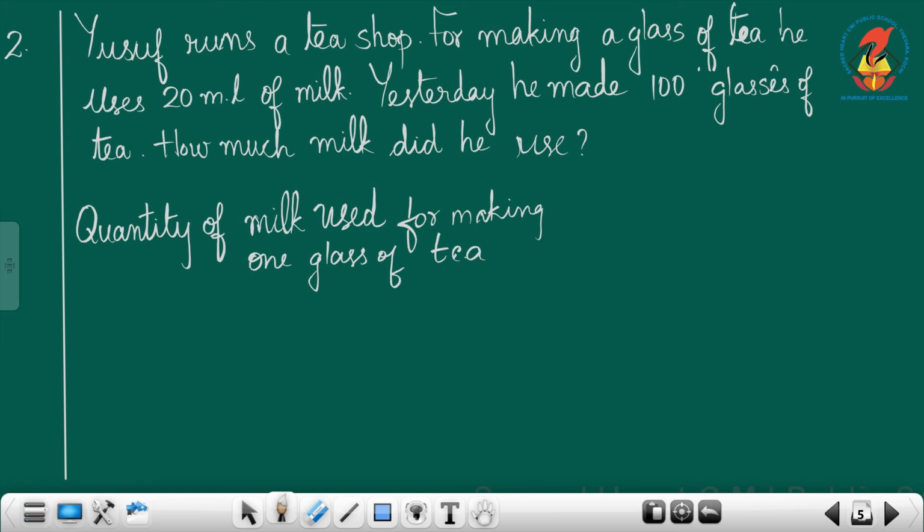That is, for making a glass of tea he uses 20 milliliter.